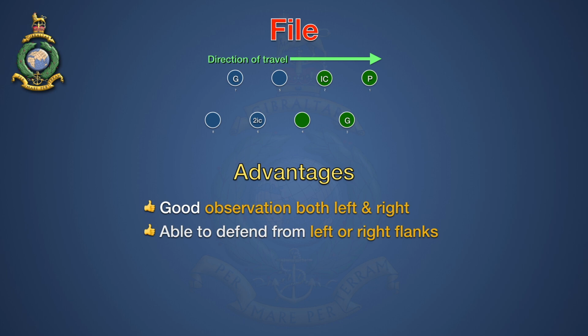In the same way, the gunner at position 3 can not only fire directly forward and to his right, he can also turn to his left and fire in that gap between positions 1 and 2. So, ability to defend both left and right flanks and good observation on both.